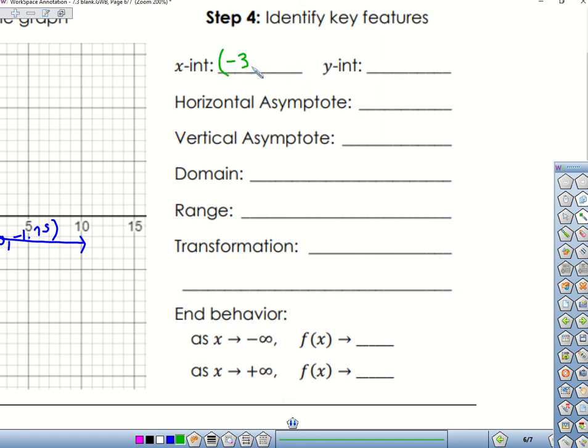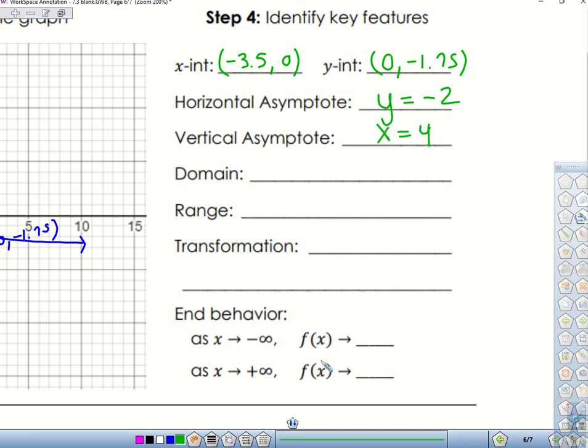You're basically just repeating what you just did over on the other side. We just found it. We're just rewriting it. And we found our horizontal asymptote to be y equals negative 2 and vertical to be x equals 4.